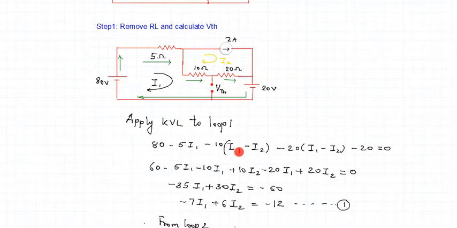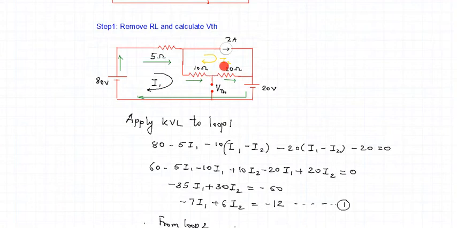Starting with the voltage source, 80 minus 5 I1 minus 10 into (I1 minus I2), as this 10 ohm resistance has two currents flowing through it. Similarly, the 20 ohm resistance also has two currents flowing through it, so it is minus 20 into (I1 minus I2).